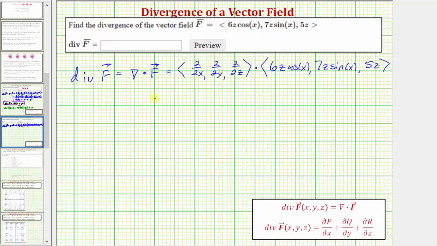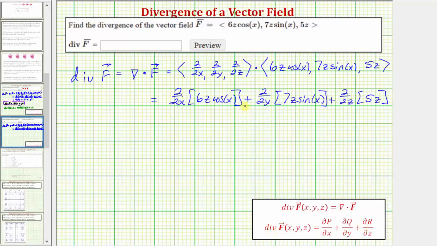So this dot product would give us the partial derivative of 6z cosine x with respect to x plus the partial derivative of 7z sine x with respect to y plus the partial derivative of 5z with respect to z. So the sum of these partial derivatives is the same as this sum here in this formula for the divergence of the vector field f.